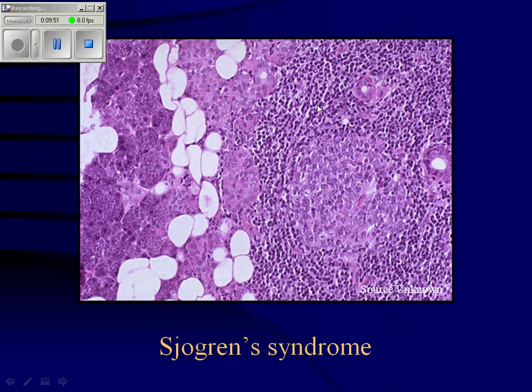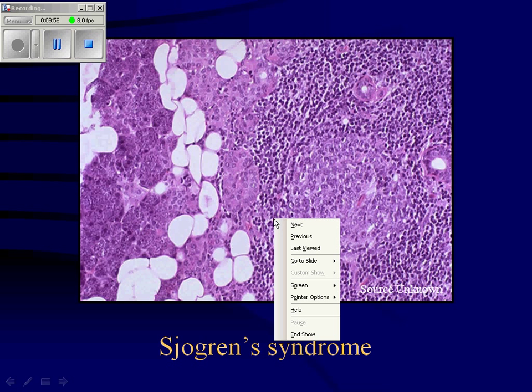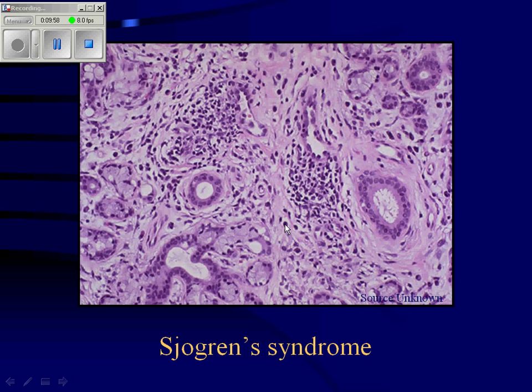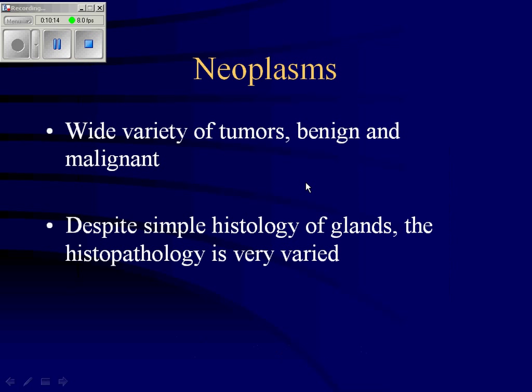It's kind of hard to tell that from here, but if you go up on high power, you probably see a lot of plasma cells in there. This is Sjogren syndrome too, and it tends to fibrose down these ducts after a long period of time. So they'll get this fibrosis, and there probably are a few plasma cells in there. My guess would be that those are plasma cells. It's kind of hard to tell from here, but it's probably what's going on.